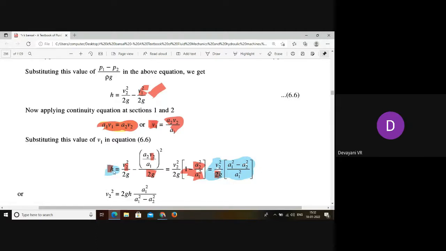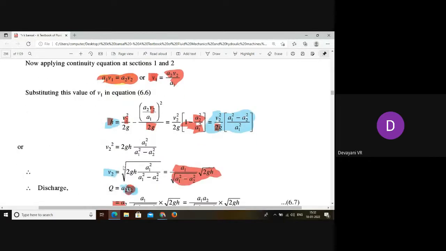Then the equation will be h equals to v2 square by 2g minus, instead of v1 we substitute a2 v2 by a1 whole square by 2g. And then by simplifying this equation, we get the velocity at section 2, that is v2 is equals to square root of 2gh into a1 square by a1 square minus a2 square.